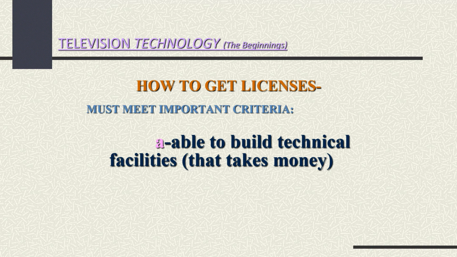This, of course, takes money because even though you may not necessarily build a building, you still have to have the money to buy cameras, to buy equipment, to employ the technologists, the technicians, the engineers who are going to first install it all, but then also are going to be there to take care of it to make sure that it's running properly.